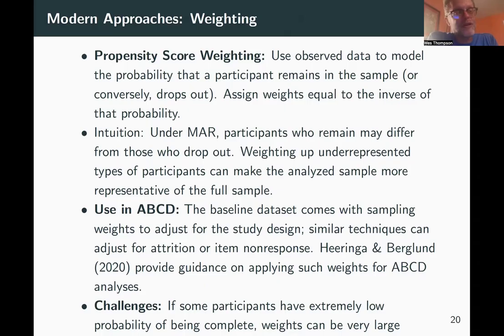But the more relevant source here is actually the ABCD missing data paper that was published by the biostats work group members. And again, the citation for that is at the end of these slides, and code for doing the different missing data techniques, including weighting, are included as part of that paper.